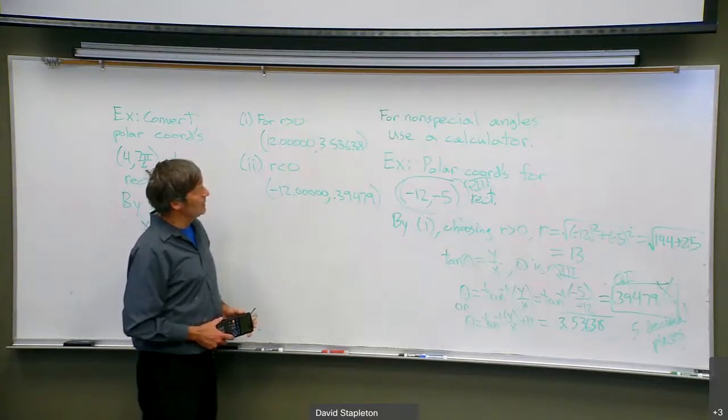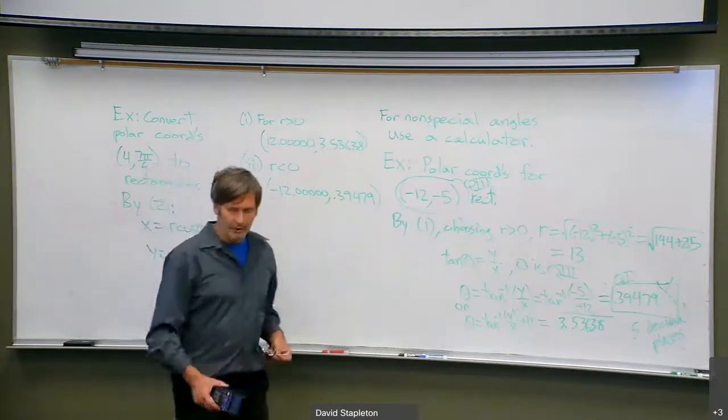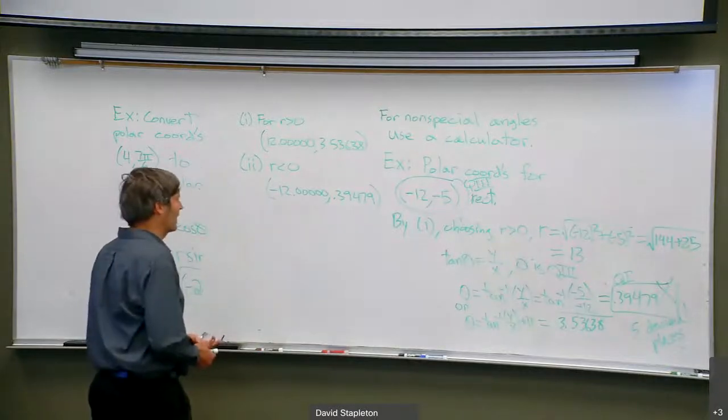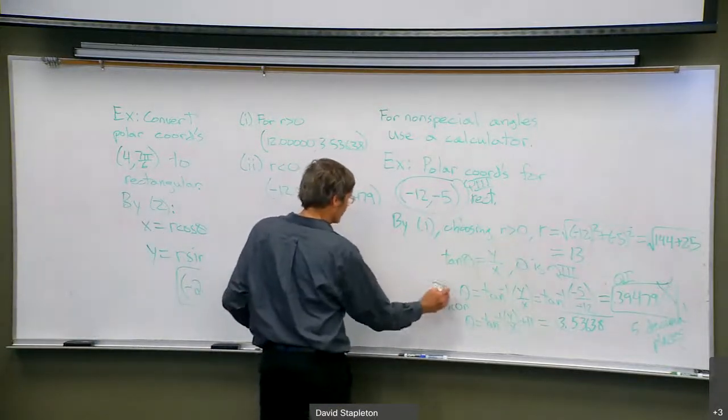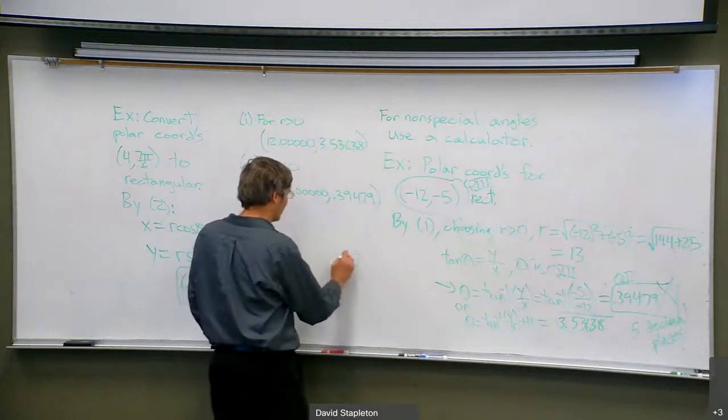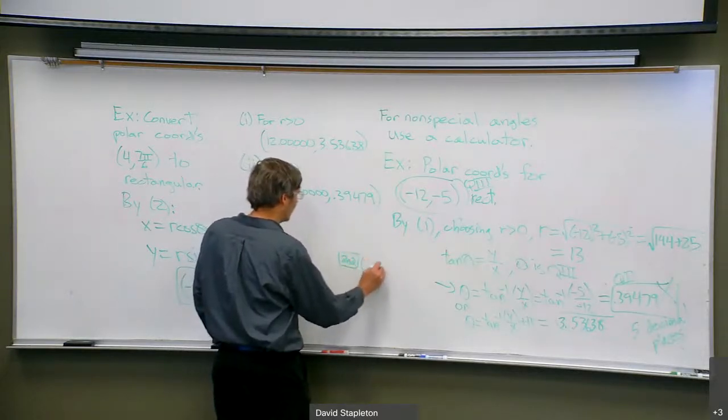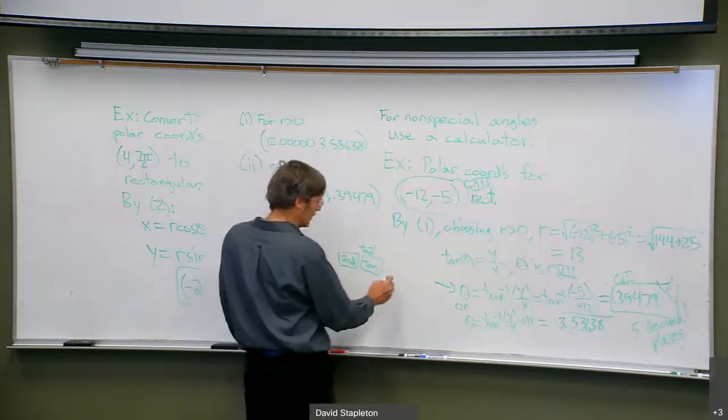That's a little more awkward. Here's your keystrokes on most calculators. It depends on the calculator, of course. But to get this one, you simply say second tangent, because up above is the arc tangent. And then you put in y.